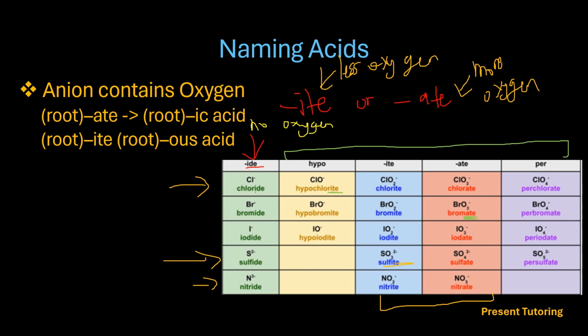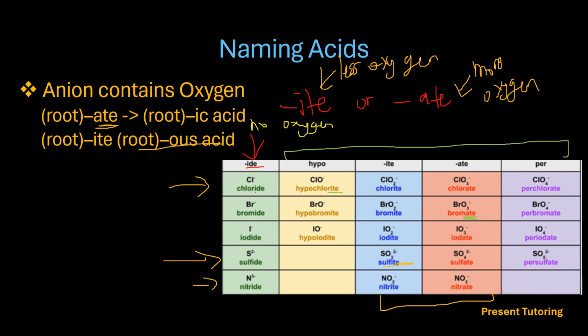Okay, so we can name the acid following the rule that if the anion name ends with ate, you can put the root name of that anion and then add ic acid. And if the anion ends with ite, which means less oxygen, then you can change the acid name to ous acid. Let's try it out.